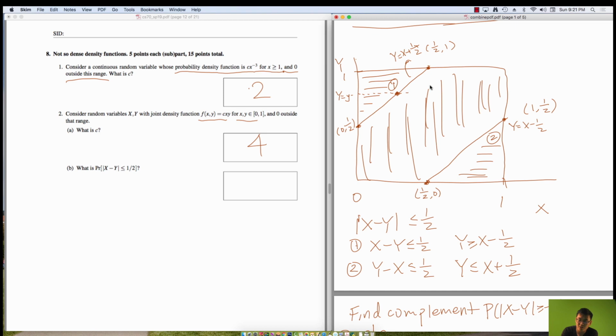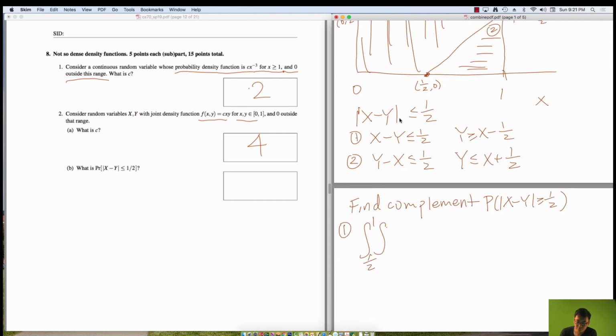And where is that intersection? Well, that intersection I can get from the equation of the line, y equals x plus half. This means x will equal y minus a half. So this point right here will just be y minus half.